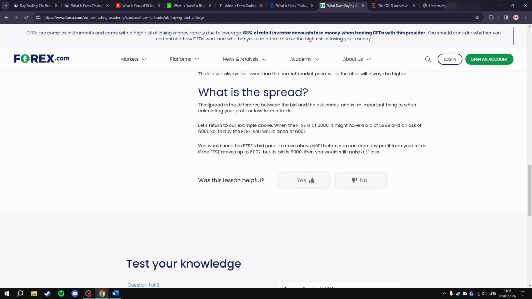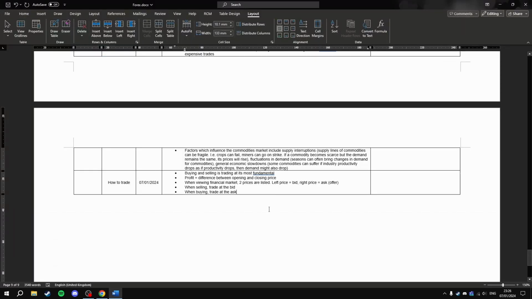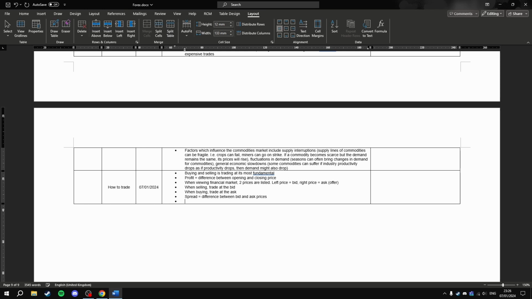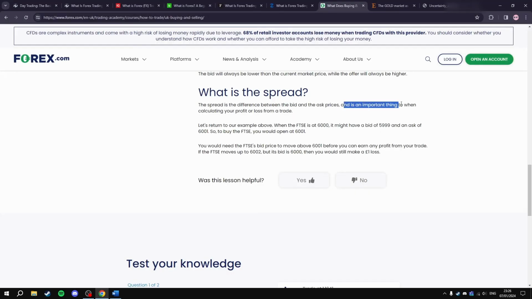What is a spread? The spread is the difference between the bid and the ask prices. Spread equals difference between bid and ask prices. That is an important thing to do when calculating profit or loss from a trade. Let's return to our example above.